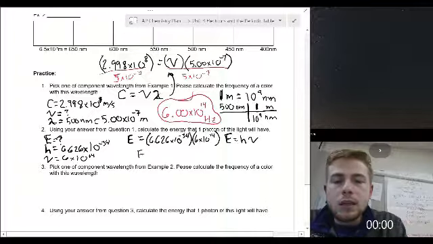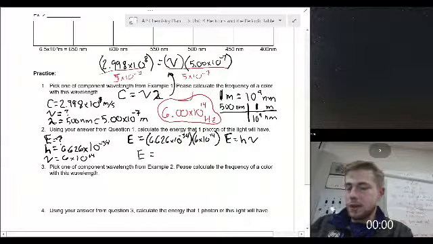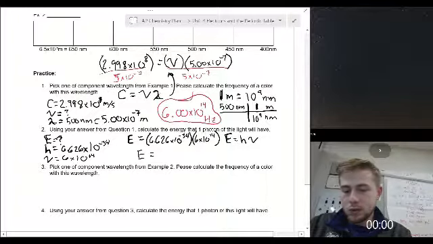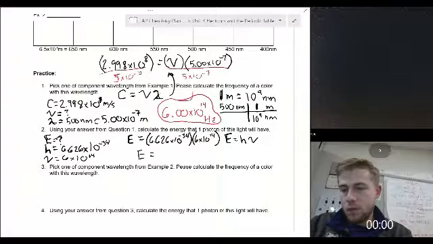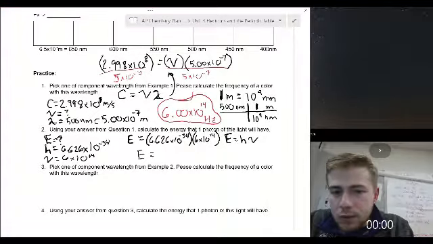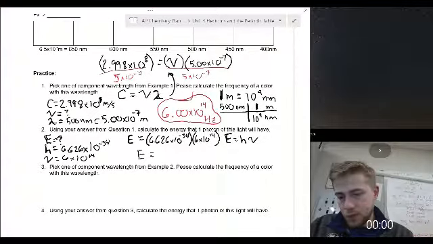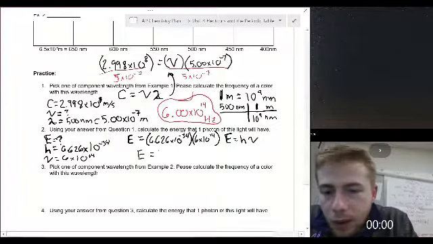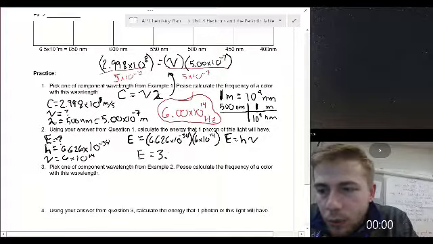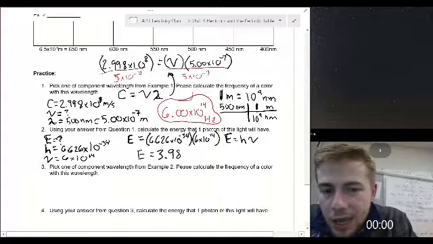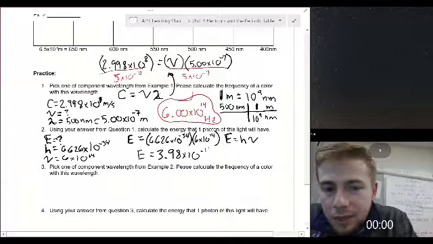Which means E equals, if I plug that into my handy dandy calculator, 6.626 times 10 to the negative 34th times 6 times 10 to the 14th. I get, if my math is correct, that looks more like it. So I get that E equals 3.98 times 10 to the negative 19th.